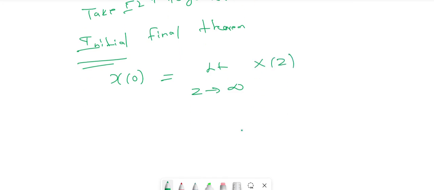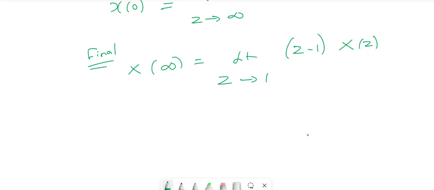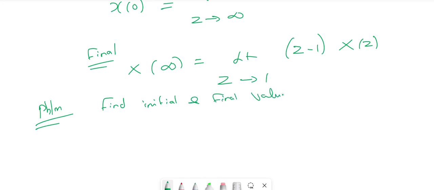Similarly, the final value theorem: x of infinity is the limit as z tends to 1 of z minus 1 into x of z. I listed only some of the important properties. To find the initial and final value, we'll take one problem: find the initial and final value of x of n.